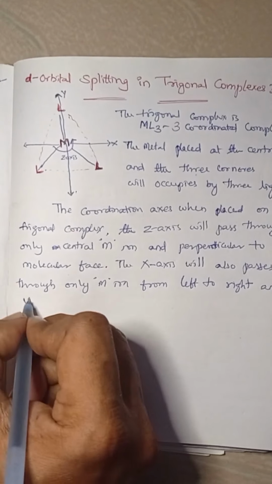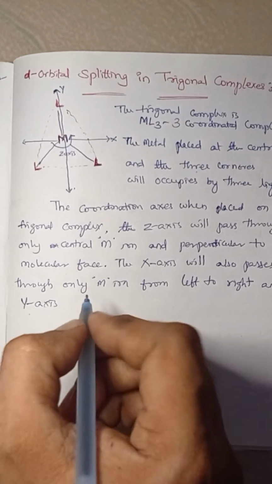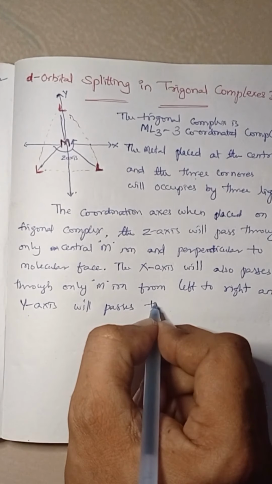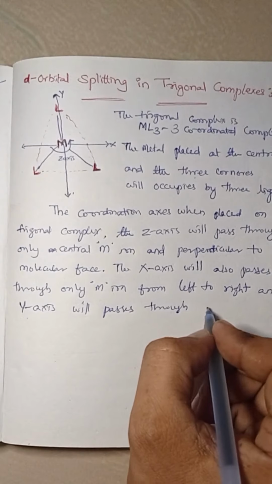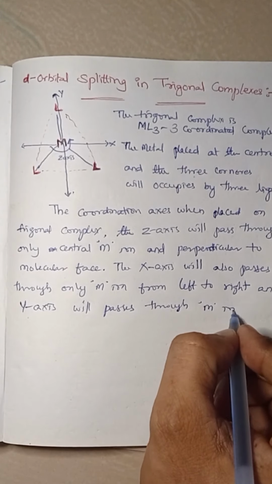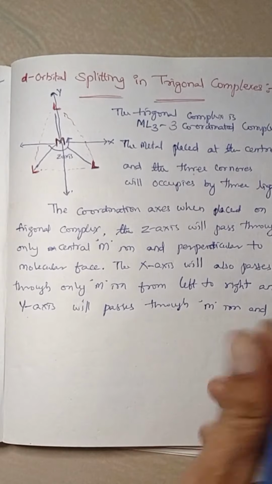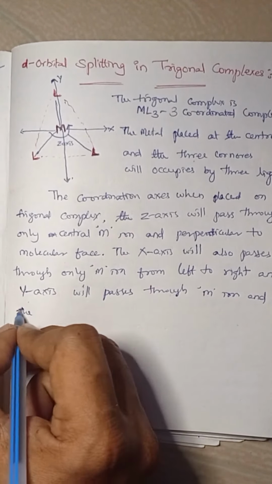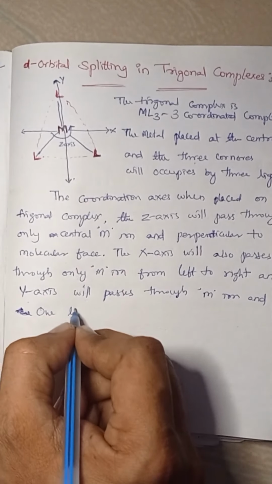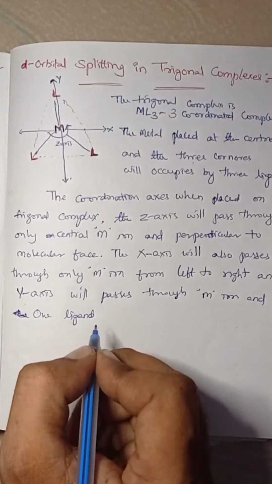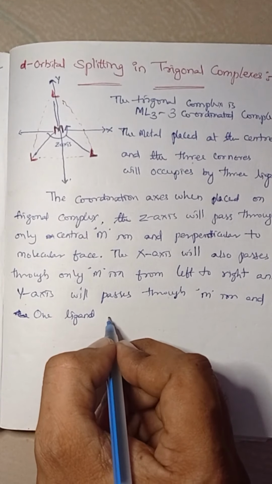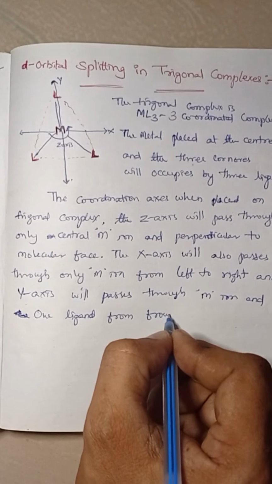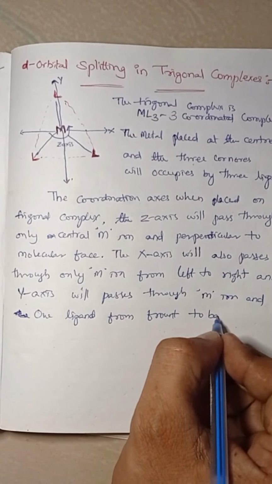and the y-axis will pass through the metal ion and one ligand, metal ion and one ligand, from front to back.